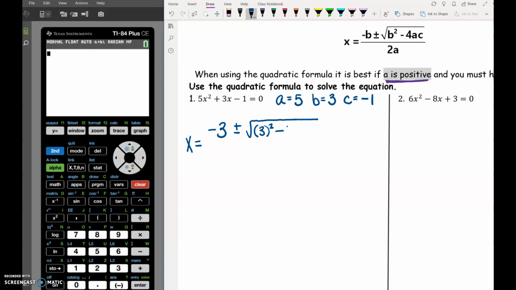Minus 4 times our a value 5 times our c value -1. All over, that means the division bar goes across the whole thing, 2 times our a value 5.